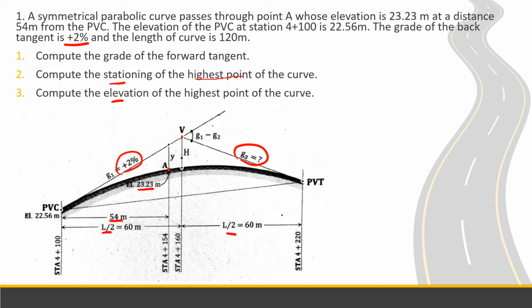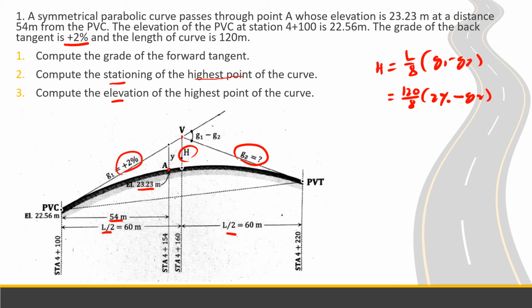Okay, so first we will solve the vertical offset at the midpoint of the curve, which is our h. So h is equal to L over 8 multiplied by G1 minus G2. So L is 120 over 8, G1 is 2% minus G2.